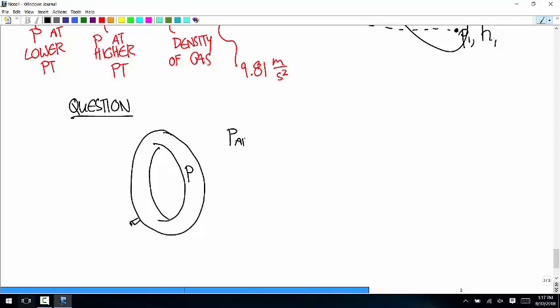There's an atmospheric pressure out here, and the pressure inside the inner tube is greater than the atmospheric pressure, even at the same height. How can that happen, according to this? What are the conditions of this? That's what I'm just asking about, the conditions. This is at the same height.